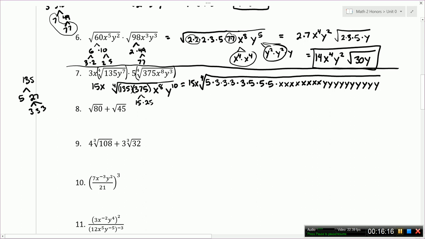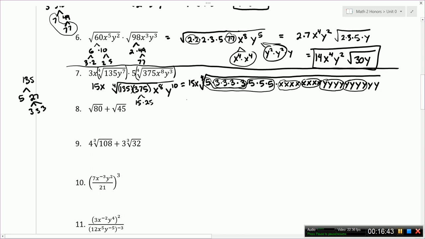So simplify this further. We're looking for sets of 4. So we have 4 x's here, 4 x's here. We get 4 y's. Another set of 4 here. 2 y's are going to be left over. We have 4 5's. And we have 4 3's.